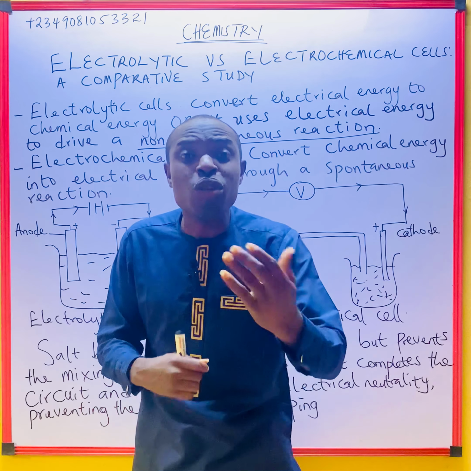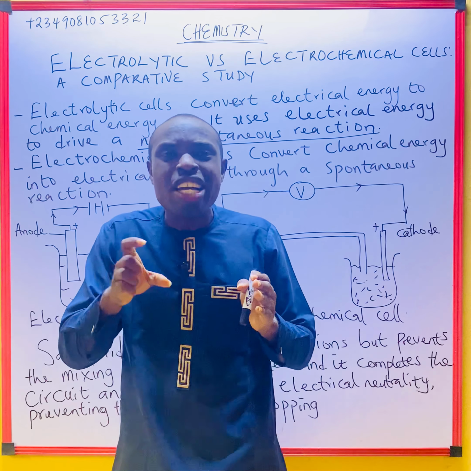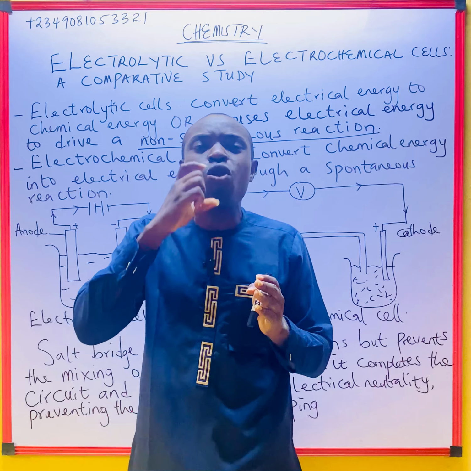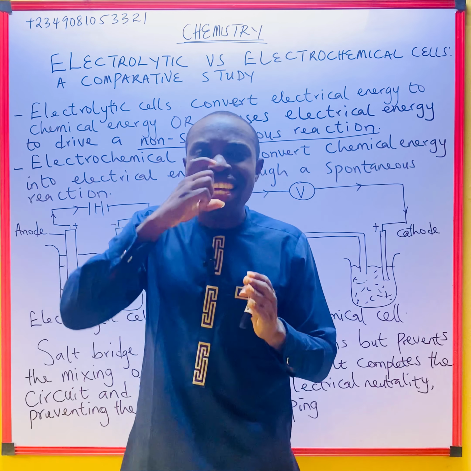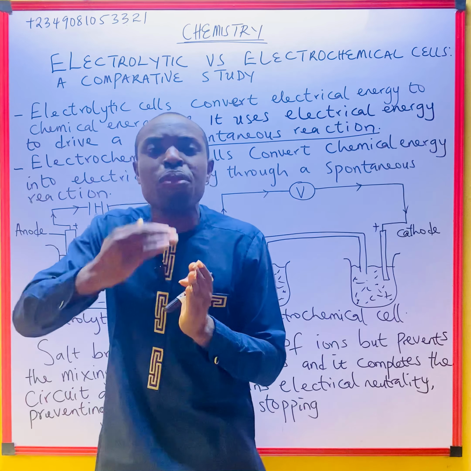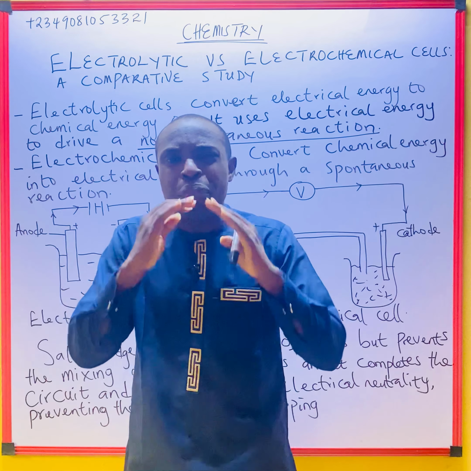We should also understand that the other name of the electrochemical cell is the galvanic cell. A very good example of a galvanic cell is the Daniell cell, which in our subsequent videos in this series we'll be breaking down.